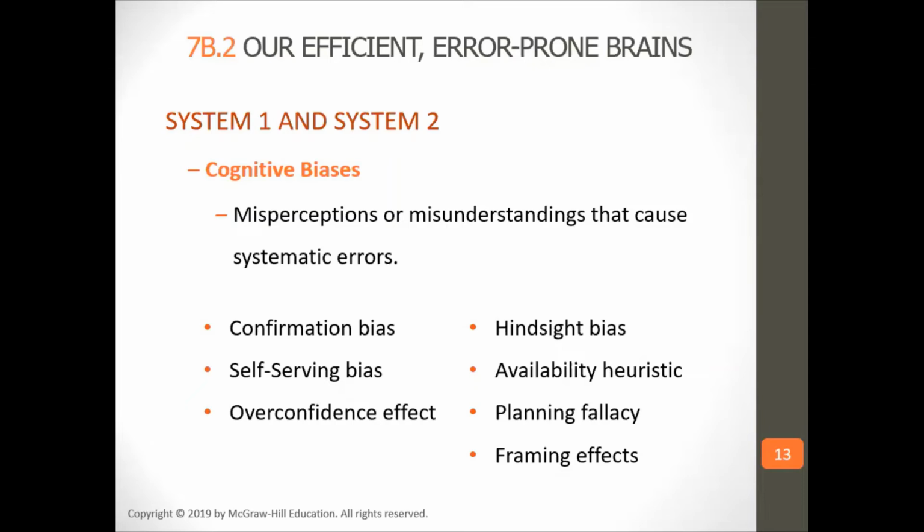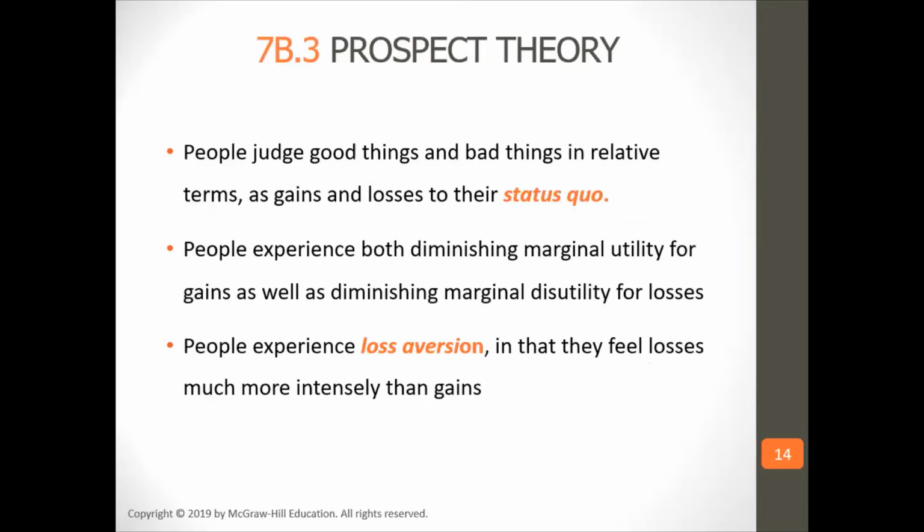So feel free if you have an answer to that question, let me know, because system 1 and 2 are in conflict a lot in terms of work or going to school, etc. So system 1 and 2, cognitive bias: misperceptions or misunderstandings that cause systematic errors. So confirmation bias, self-serving bias, overconfidence effect, hindsight bias, availability heuristic, planning fallacy, framing effects. Those types of things can cause systematic errors.